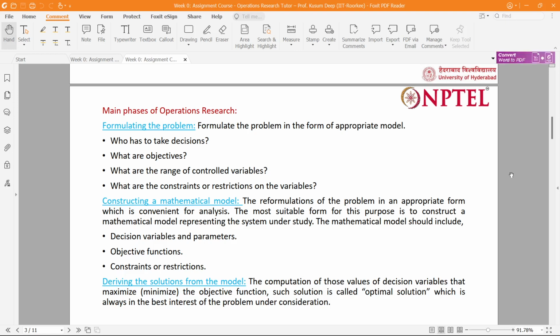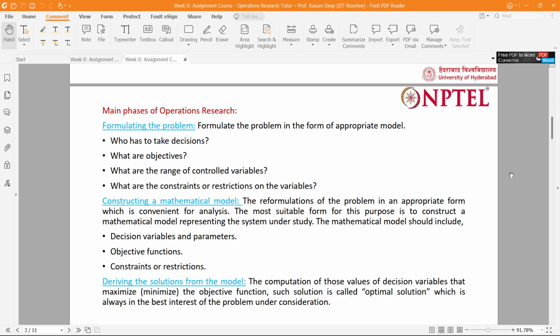Before proceeding to find a solution to a real-life problem, one must be able to formulate the problem in the form of an appropriate model. To do that, we need the following information: who has to take the decisions, what are the objectives, what are the ranges of the controlled variables, and what are the constraints or restrictions on the variables that may affect the possible solutions.